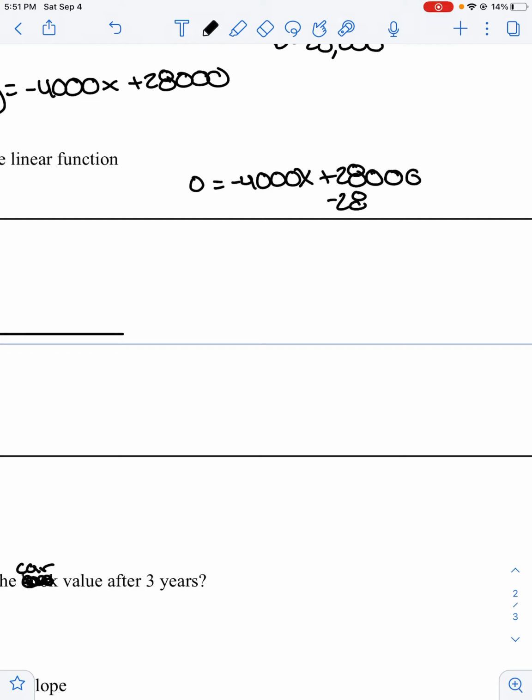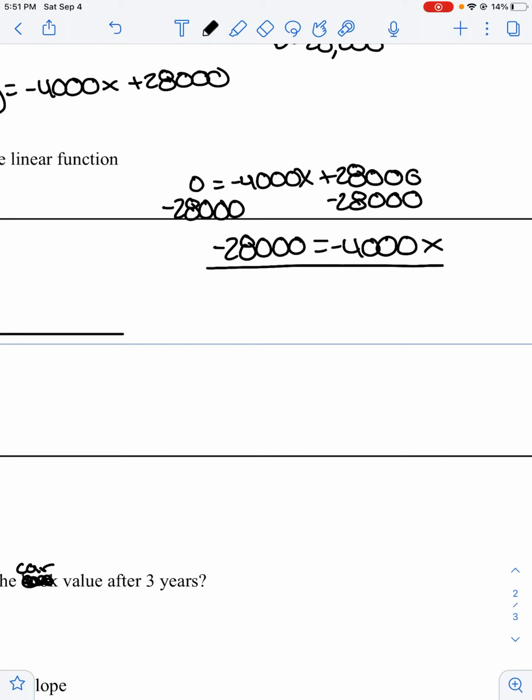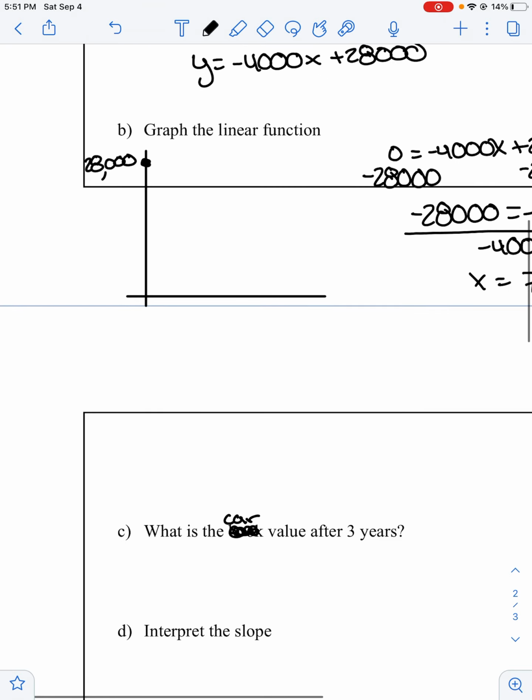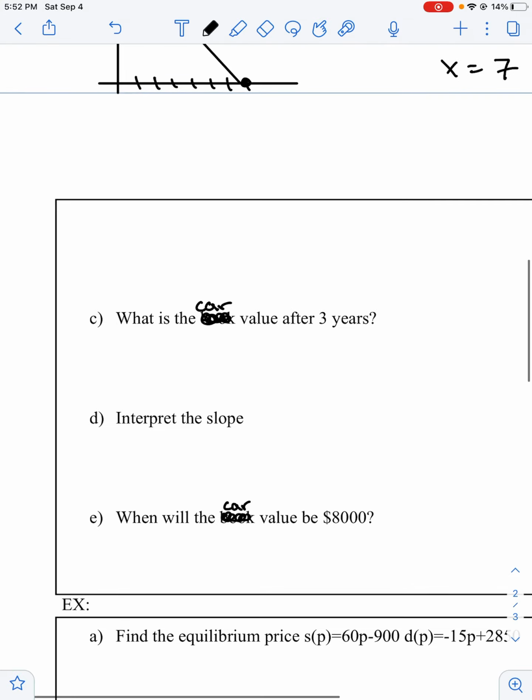So I'm going to subtract 28,000 from both sides and get negative 28,000 equals negative 4,000 x. Divide both sides by negative 4,000 and end up with x equals 7. So my x-intercept is 7, which is 1, 2, 3, 4, 5, 6, 7. Then connect my 2 points. So that's about a rough sketch of this linear function.